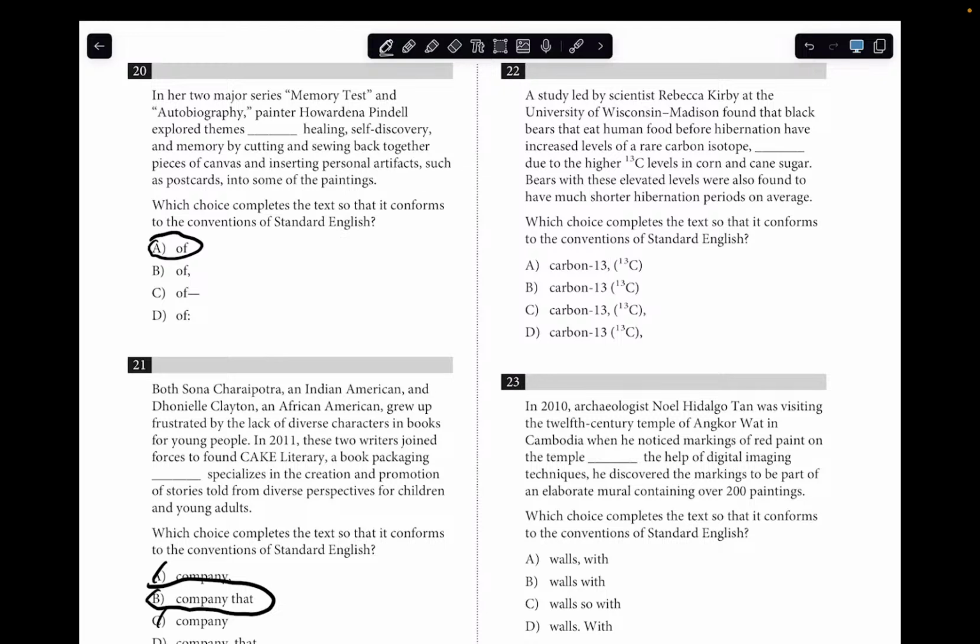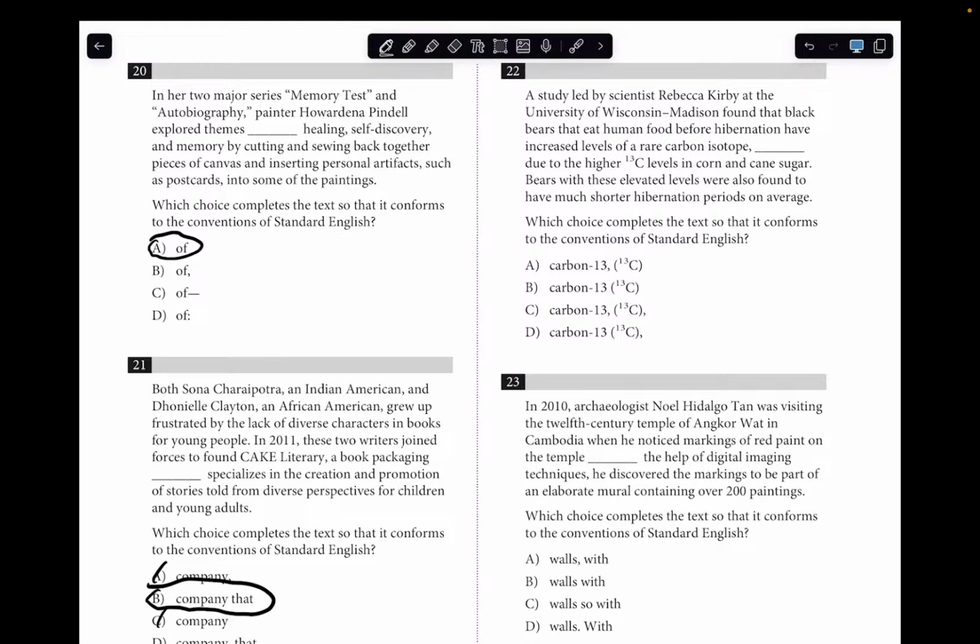So what is our choice there? Directly before that, we have a comma, right? And then we're introducing what's being referenced. It's linking to the isotope itself.